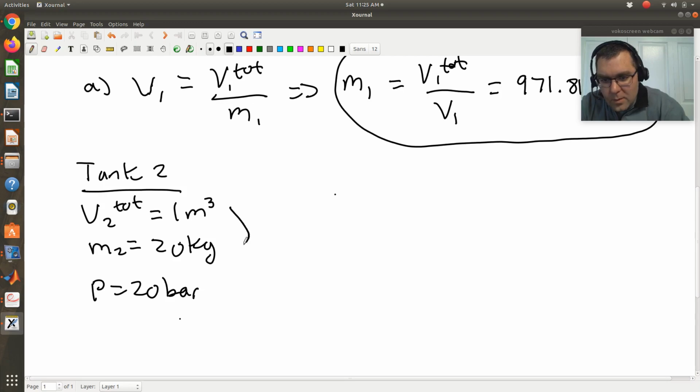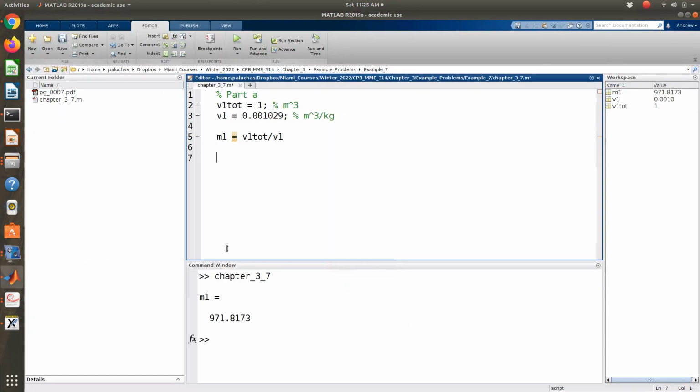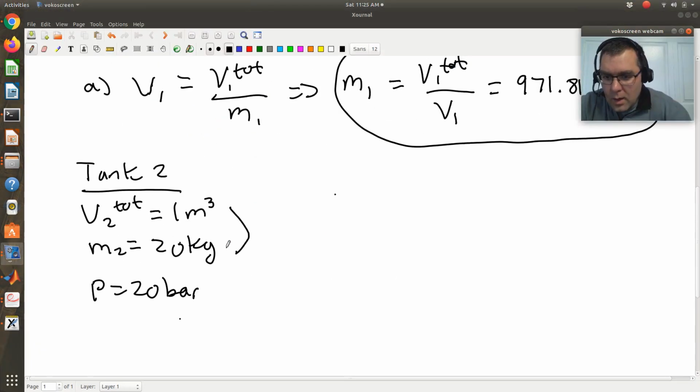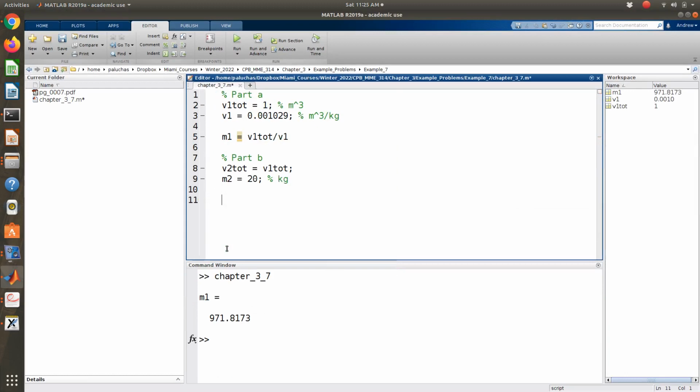Okay, so the first thing I'm going to do is calculate the specific volume. So I know that V2 total is just V1 total, and mass 2 is 20, and that's in kilograms. So V2 is V2 total divided by M2.